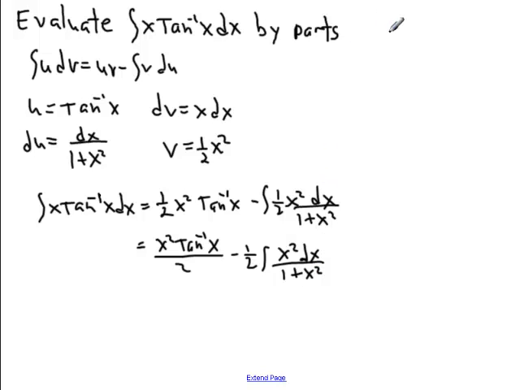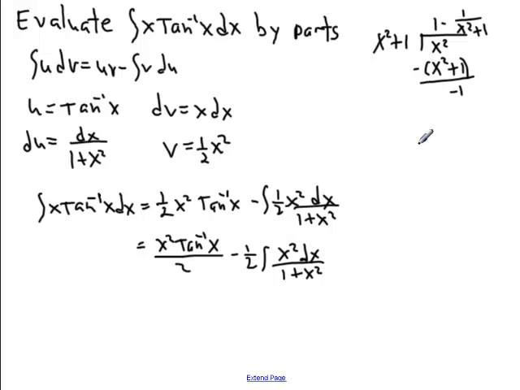So, let's do our division up here. X squared plus 1 divided into x squared goes exactly once. And when we multiply, we get x squared plus 1. Subtracting, we're left with minus 1. So we get minus 1 over x squared plus 1.